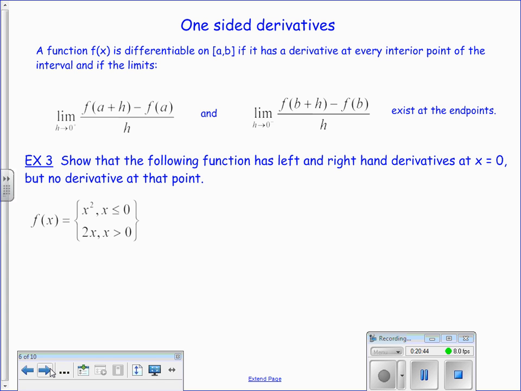If the derivative coming from the left and the derivative coming from the right are the same, then the derivative at that point exists. This is where the definition of a derivative comes in importance.